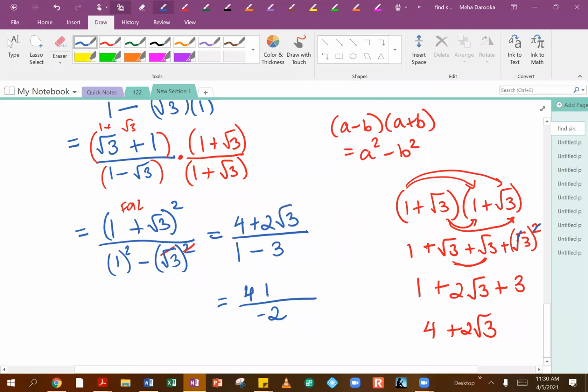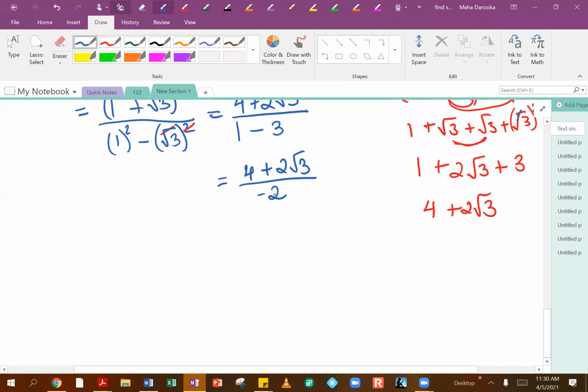Alrighty, so that leaves us with 4 plus 2 square root of 3 divided by negative 2. Now, of course, this is still a fraction. So you can see the 4 on the top and the 2 on the top will have a 2 in common with that denominator. So basically, you can just separate this out and simplify your fraction over here.